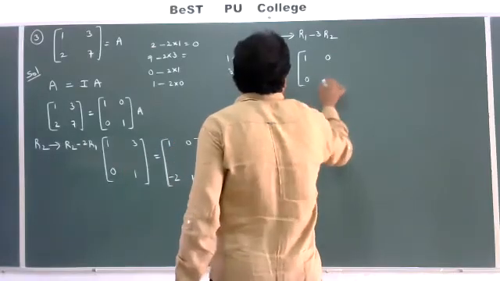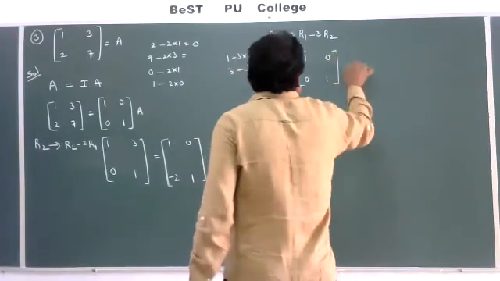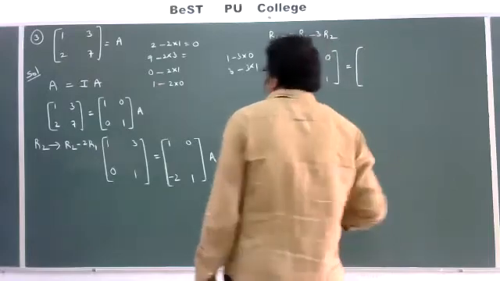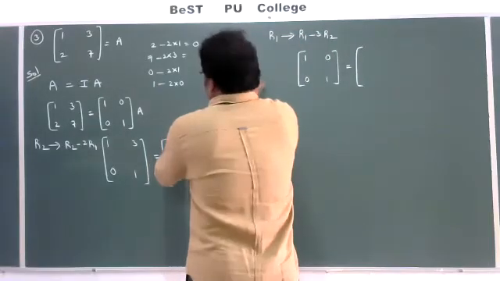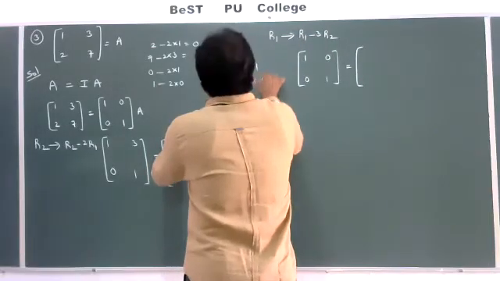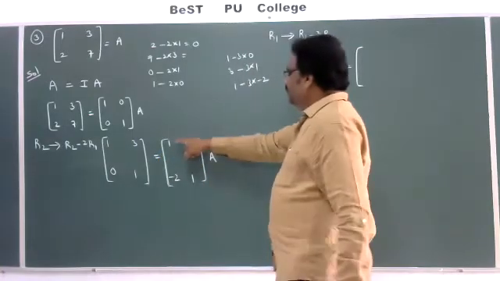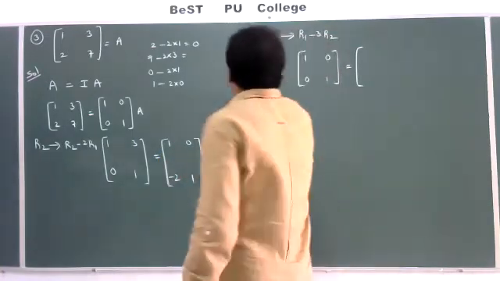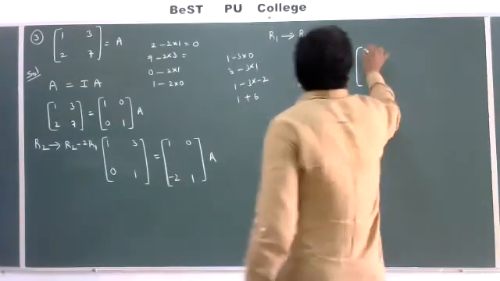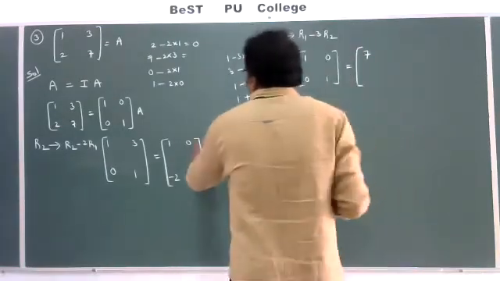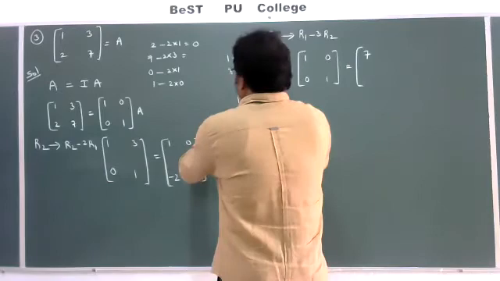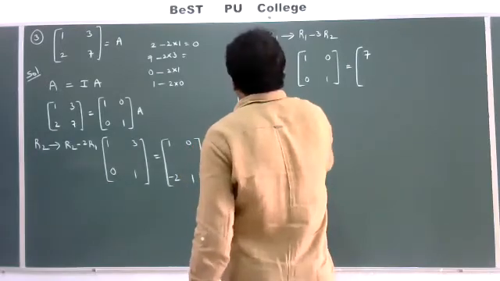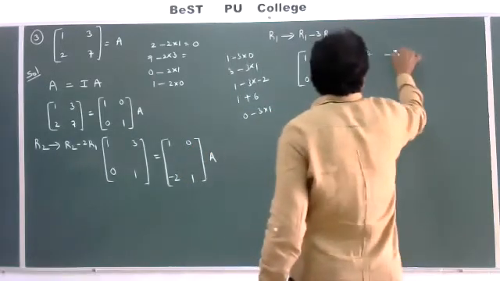The second row is same, 0, 1. Here apply the same: 1 minus 3 into minus 2, that is 1 plus 6, that is 7; and 0 minus 3 into 1, that is minus 3.